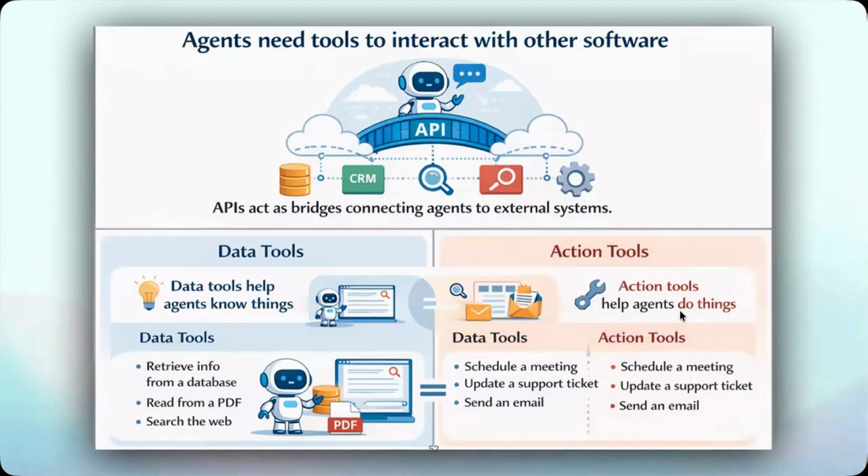Action tools, on the other hand, allow agents to actually do things. This could include scheduling meetings, creating customer support tickets, processing refunds, or updating records. These tools let agents modify their environment and move closer to completing their goals. So, in simple terms, data tools help agents know things, and action tools help agents do things.